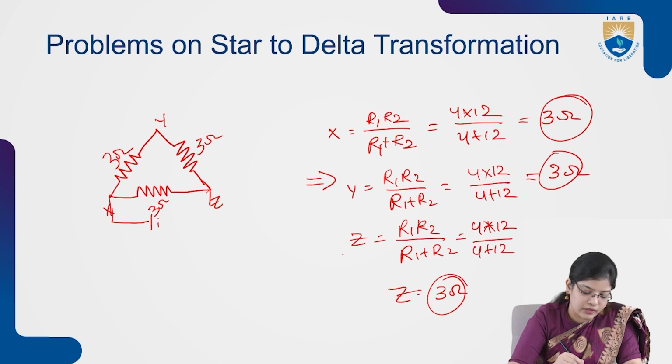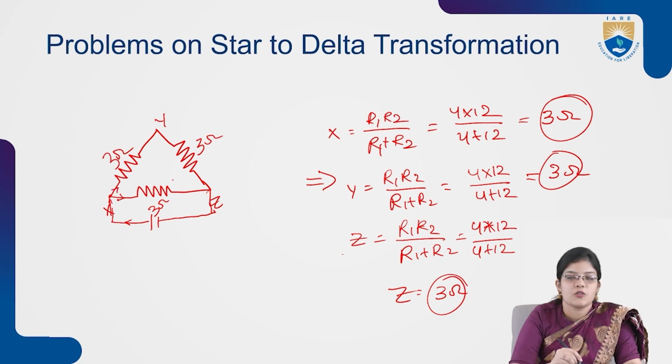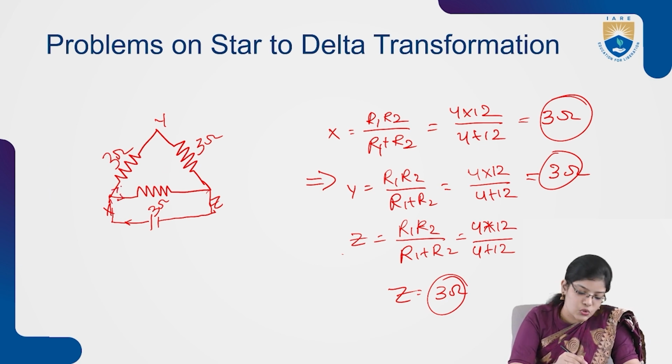So here I am connecting the source. The current is flowing in this direction. Then here it is dividing. If the current is dividing, these two elements are said to be in parallel, and the same current is flowing across these two elements, so these two elements are said to be in series.